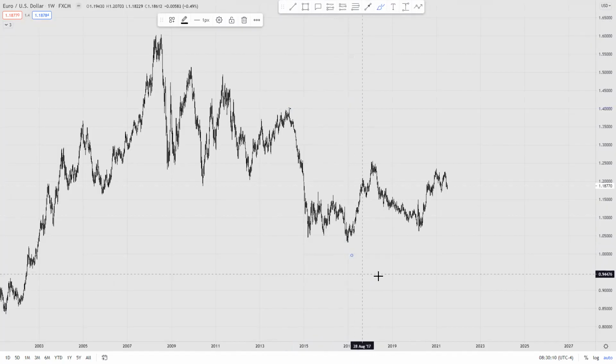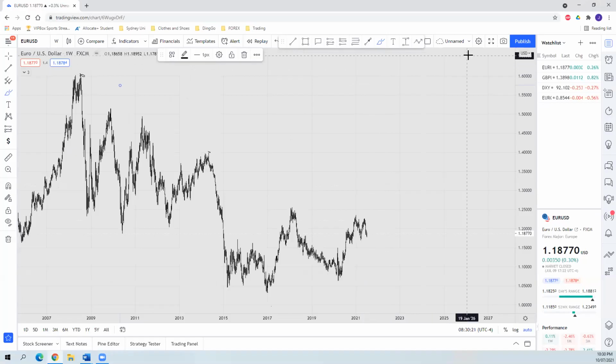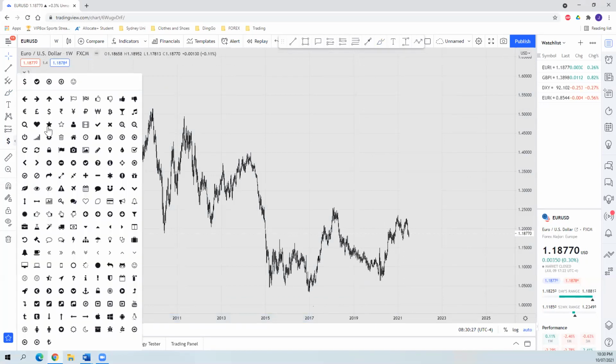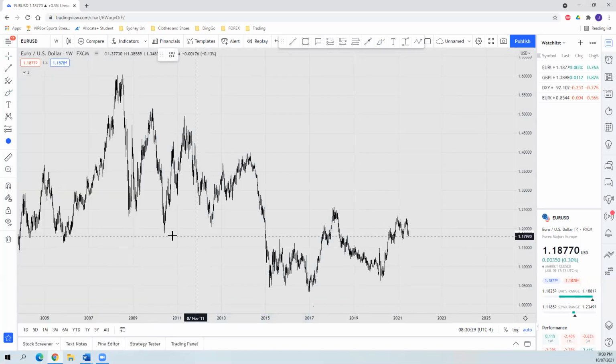But I'll tell you this: that high you marked was not a real high. Where was the highest high that created it? Here, you see that? All of those highs would act as internal range liquidity.